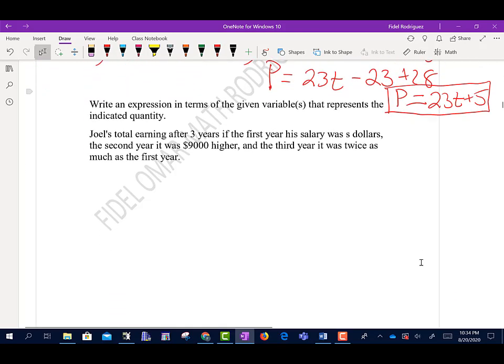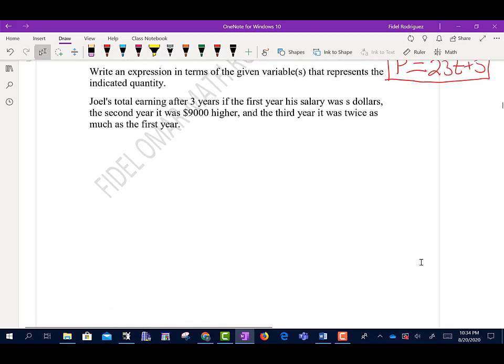Alrighty. So the next problem here says, write an expression in terms of the given variables that represent the indicated quantity. So it says Joe's total earning after 3 years. His total earning. This doesn't mean what he made in the third year. It means what did he make over all 3. Okay.